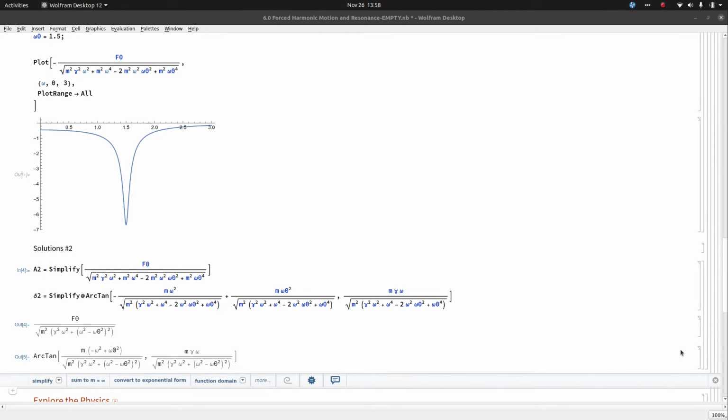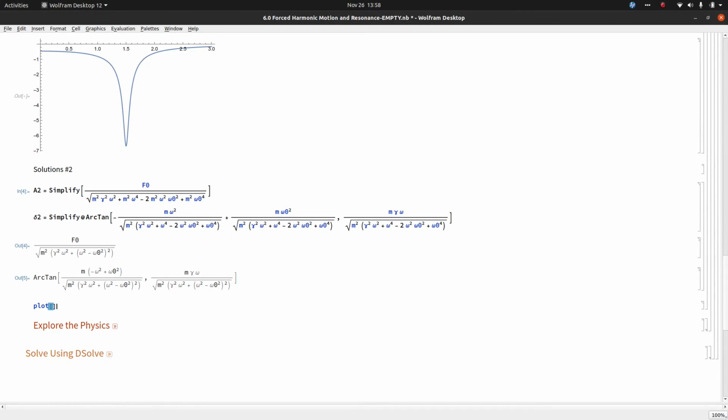So what I'm going to do, let's see, how do I want to do this? We're going to do plot A2, comma, delta 2, and we'll say plot range is all.